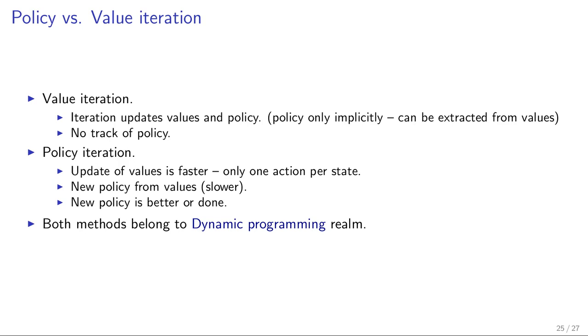For the policy evaluation complexity, policy evaluation is O(S^3), right? There is no A, but there is the number of states to the power of 3, and that can also be solved using linear algebra methods. For small state spaces, it's okay.